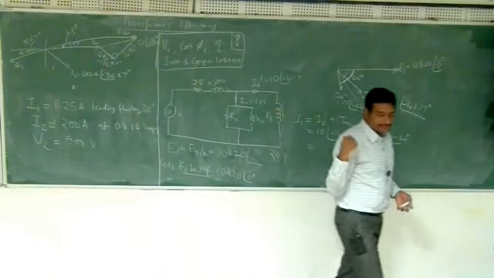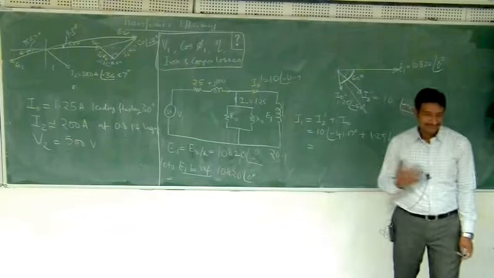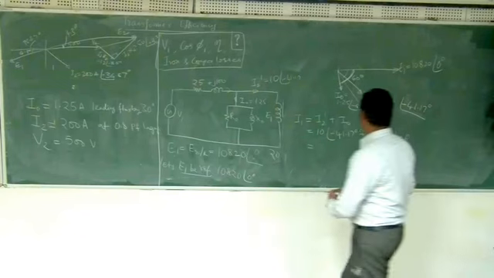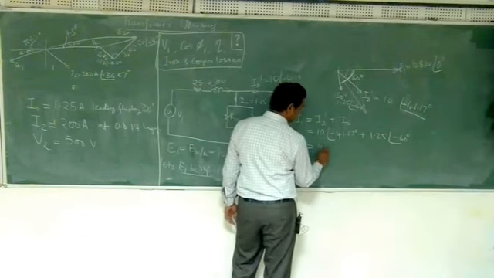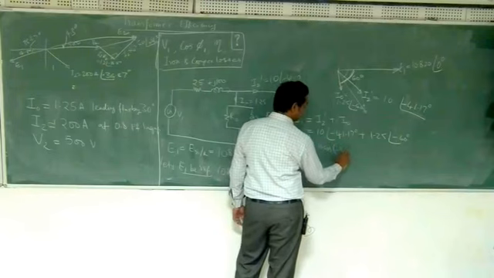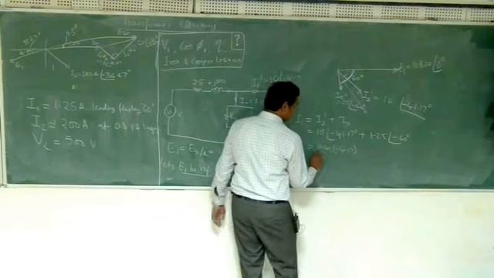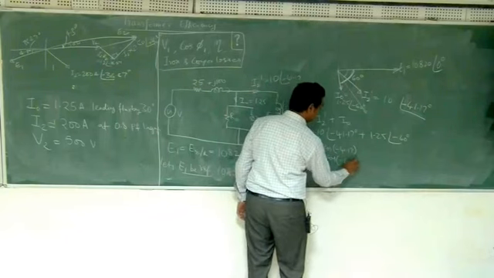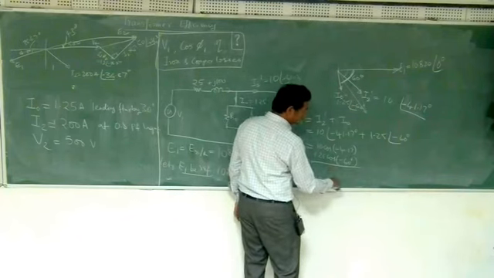You all know how to do this addition of two polar numbers. By the time you calculate, let me tell the manual way. You have to take 10 cos minus 41.17, this is the real part, and 1.25 cos minus 60 degrees, this is another real part. These two you add, you will get some quantity.